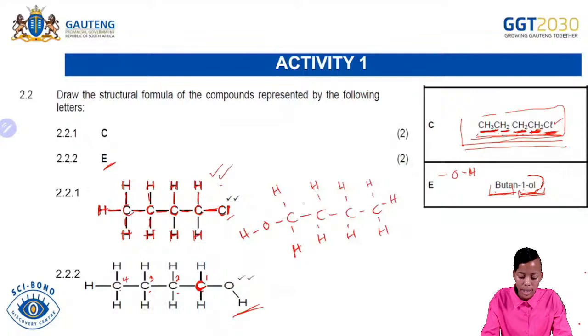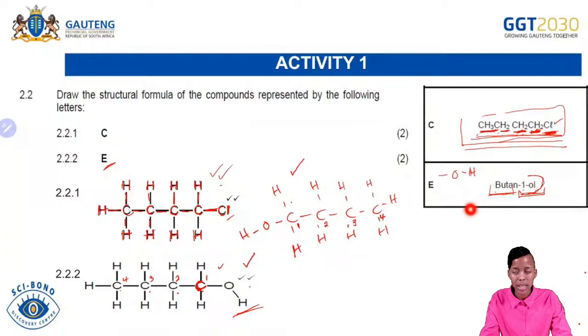So again, this is carbon number 1, number 2, number 3, and number 4, when you are counting from the left and going to the right. But if you look at this one, the OH group is still on carbon number 1 when you are counting from the right and going to the left. So this structure and this structure are all correct. It's just that the OH on this one is on the left hand side, and the OH on this one is on the right hand side.